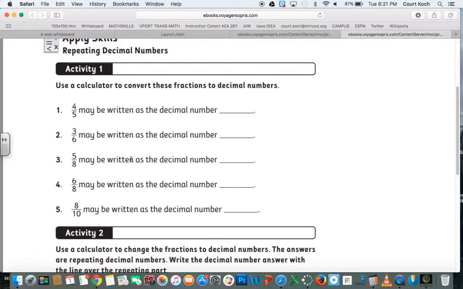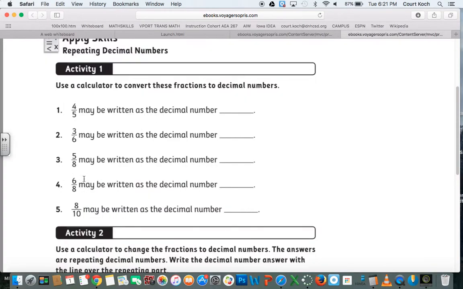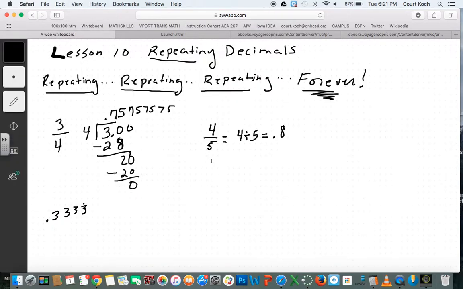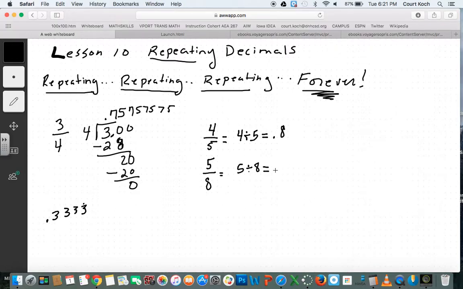Let's go and find a non-repeating decimal. Let's try 5/8. 5 divided by 8, let's plug it into the calculator. Nope, that one was nice and neat too. Sometimes it doesn't always happen.